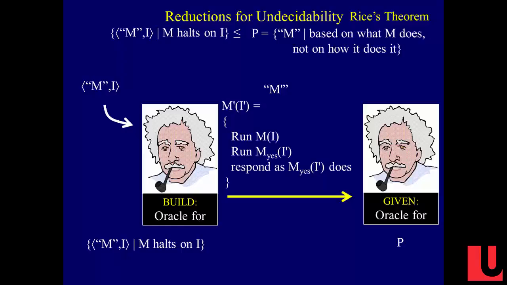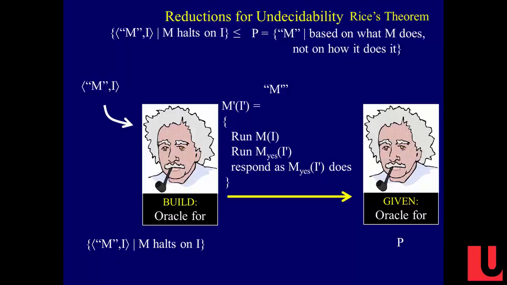And if M on I halts, then what we do is we take our input, our I prime, and we run M yes on it. Remember, there's this program M yes. We don't know what it does. Sometimes it answers yes, sometimes it answers no, sometimes it runs forever. We don't know what it does, but we just run I prime on it.